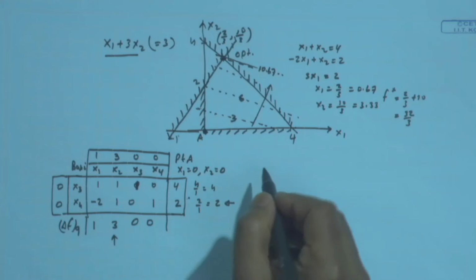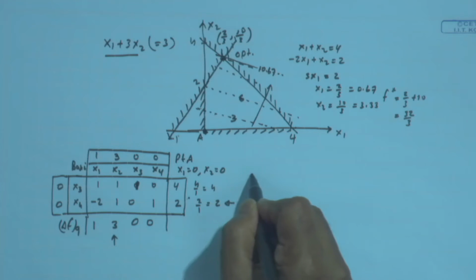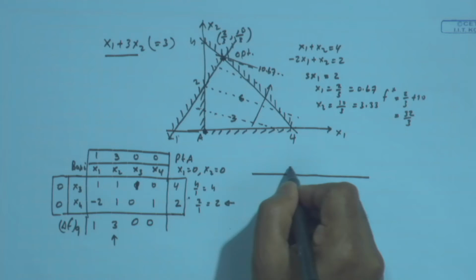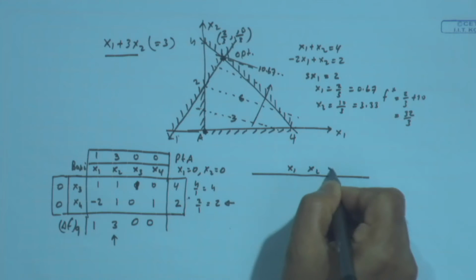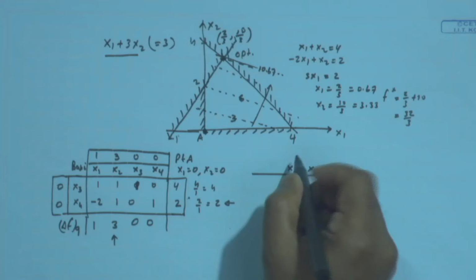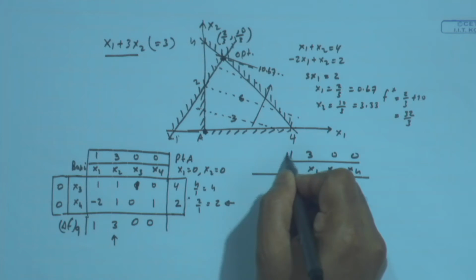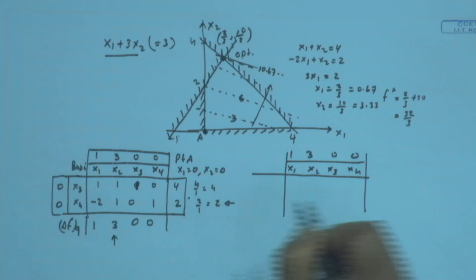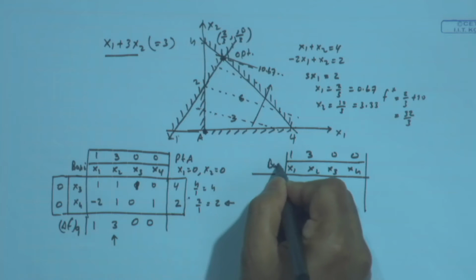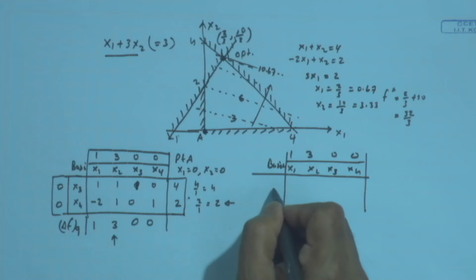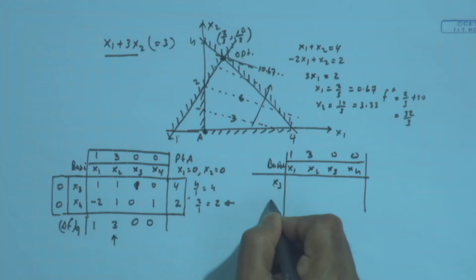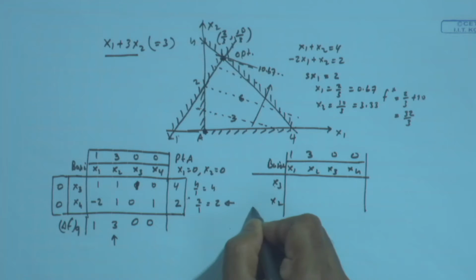Okay, so let me draw the next one so that those of you who couldn't do it can see how. x1, x2, x3, x4. These are automatic: 1, 3, 0, 0. Now basic here. I decided x3 will remain x3, x4 will be replaced by x2.